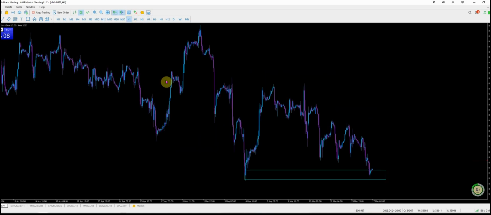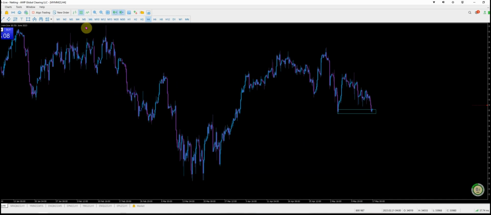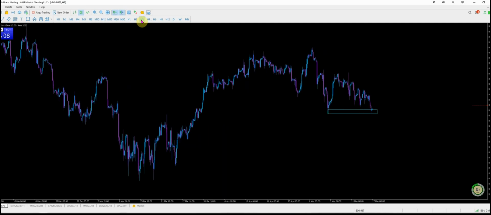Now, let's go back to the 4-hour. Actually, let's shorten this up a little bit. Let's say this is a 3-hour chart. One thing I want you to look at here is this move up compared to this move down.